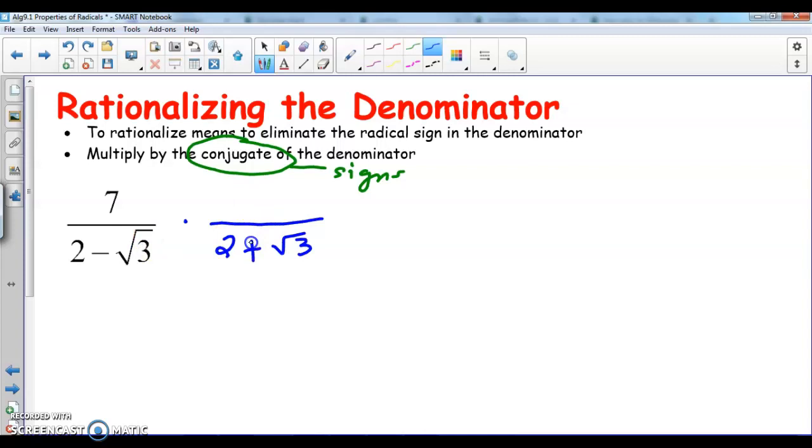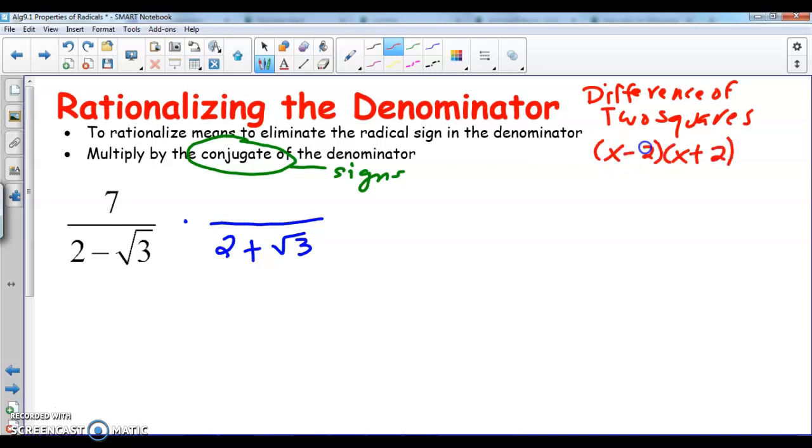So this is similar to your difference of two squares. I should write it down over here. So if you remember the pattern for difference of two squares, I think that was the first time I mentioned the idea of a conjugate. So when you're multiplying x minus 2 times x plus 2, right?